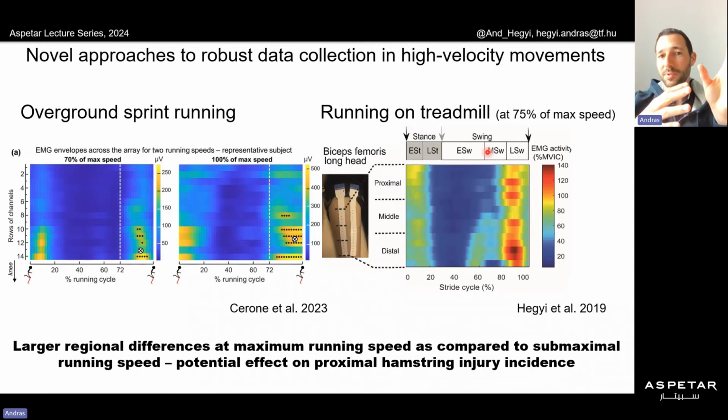So at slow speed we have a different pattern to high speed, but actually the high speed was not close to maximum running speed. And this recent study, they went up to 100% of maximum running speed with this new technology, and they actually found some shift in the regional activation of the muscle. So it seems that it's really valuable to measure the activation with high density EMG at maximum running speed compared to submaximal.